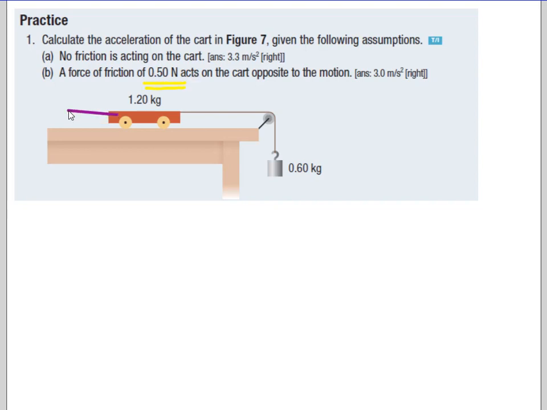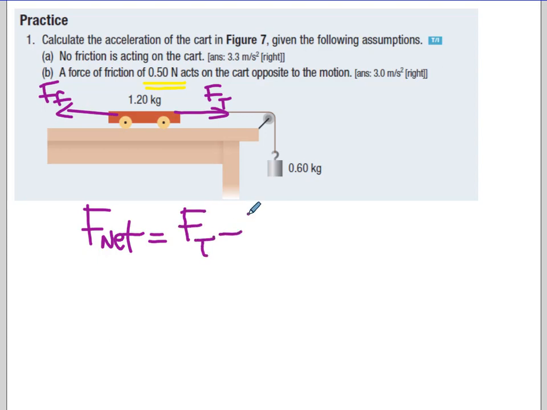There would be a force of friction here as well as Ft, so your F net would be Ft minus Ff. It doesn't change the overall approach, but it does add one little wrinkle that you have to take into account. Hopefully that worked for you.